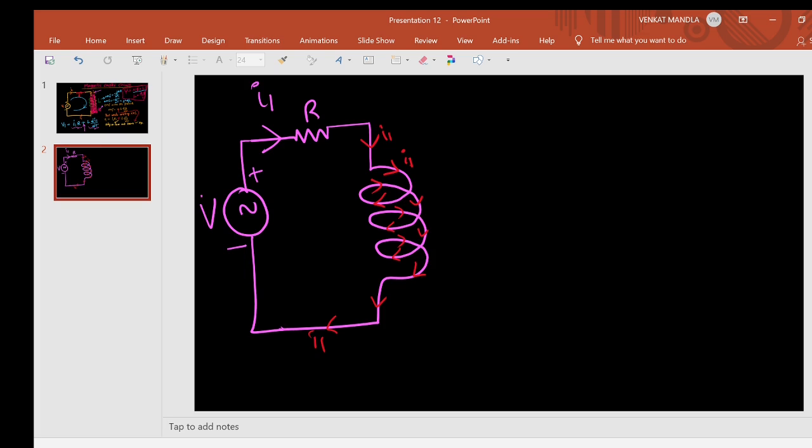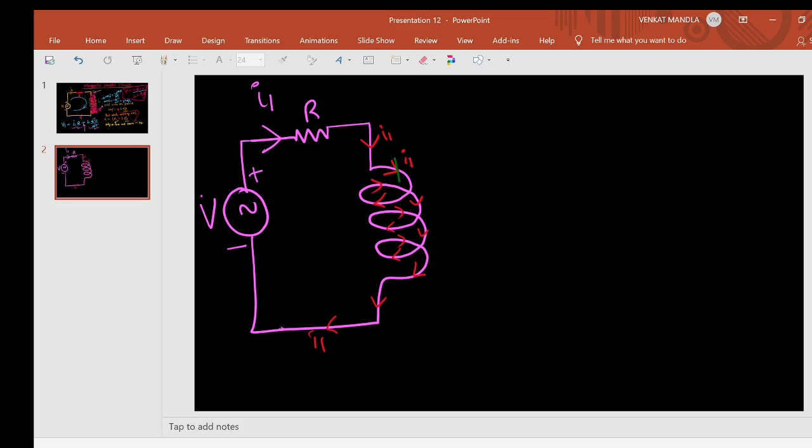That is given by the right hand thumb rule. If you fold all four fingers of your right hand in the direction of the current, then you will get the direction of the magnetic flux produced in the coil.